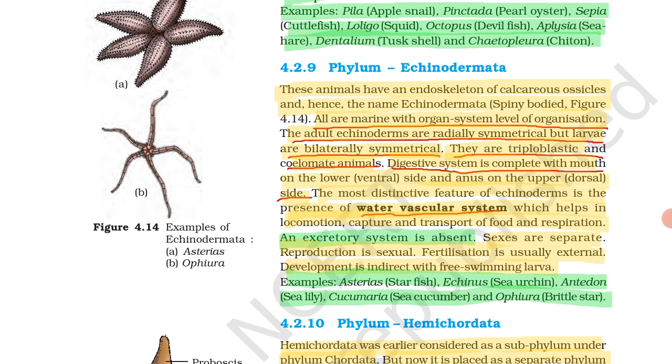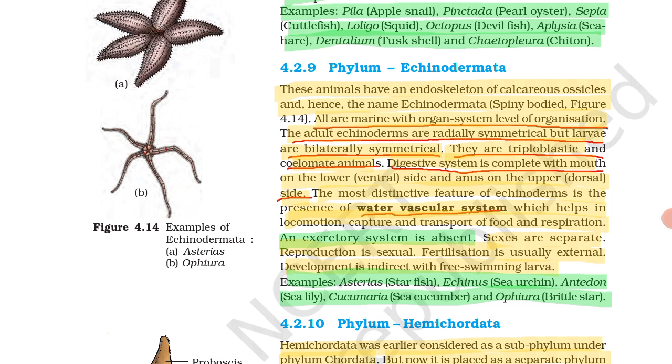Next, the excretory system is absent in Echinodermata. You have to keep in mind the excretory system is absent. Sexes are separate, means they are dioecious. Reproduction is sexual, and fertilization is usually external. What is meant by external fertilization?